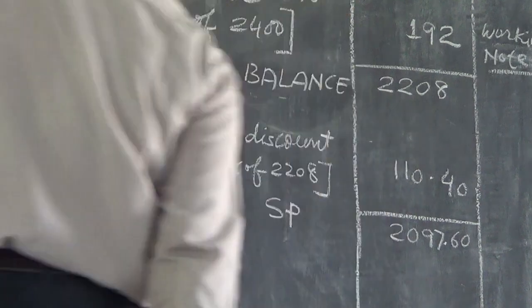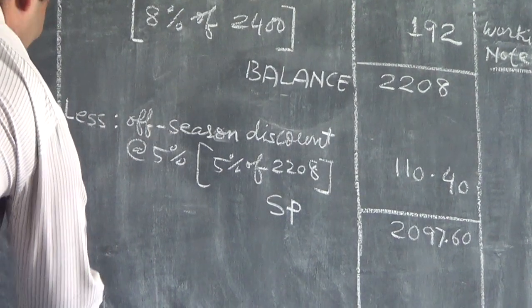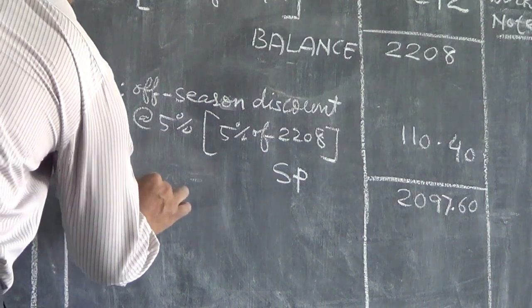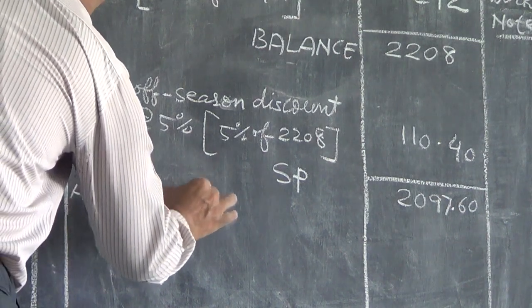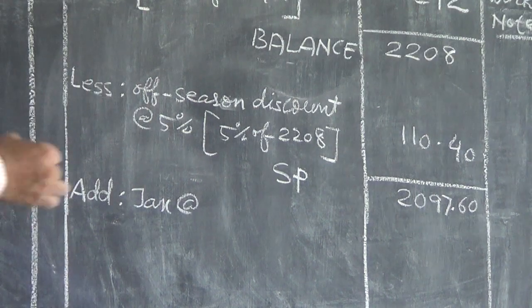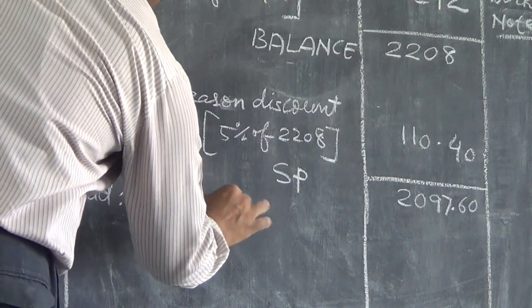We have to calculate the tax now. Add tax at how much percent, children? Tax at 10%.